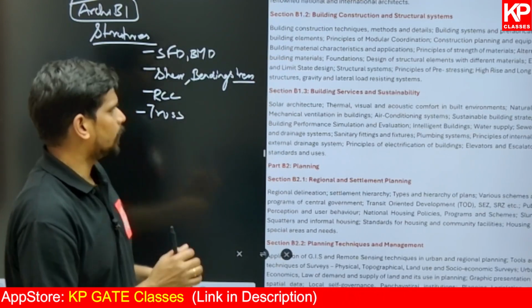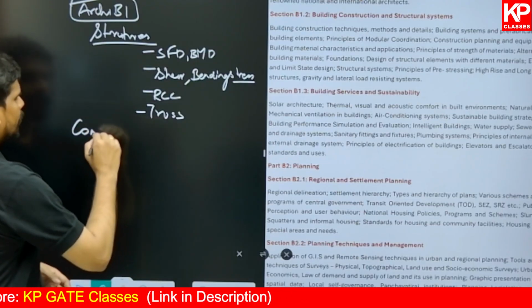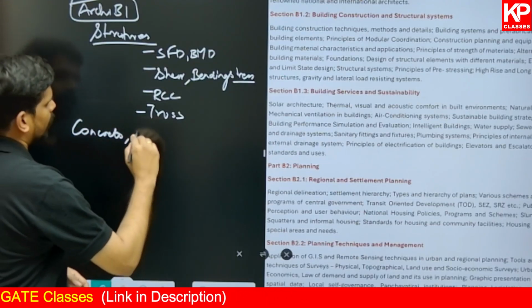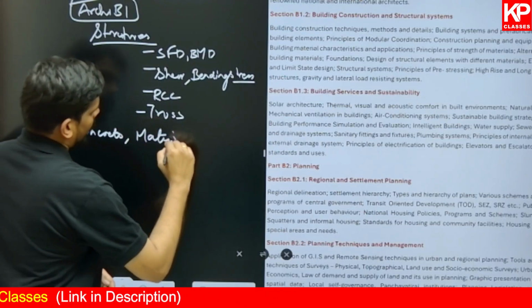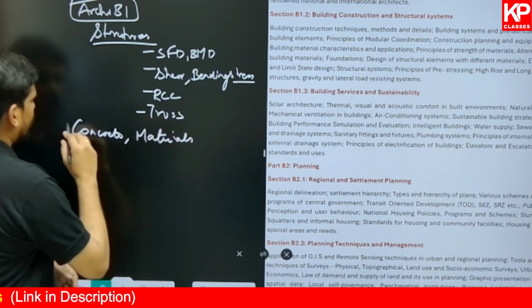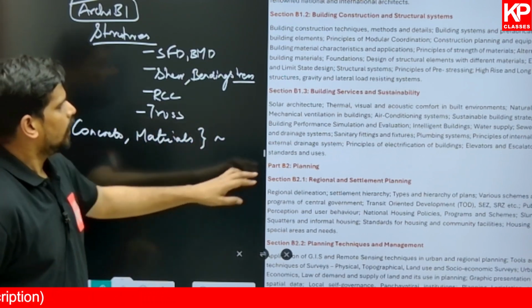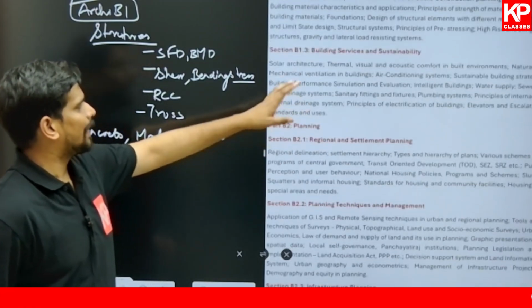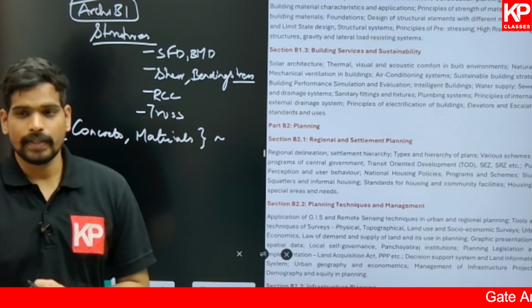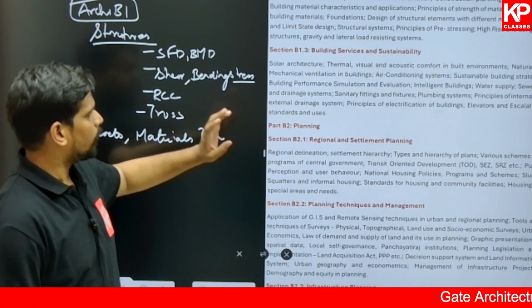There are numericals in the building materials, particularly the concrete part, or other building materials too. Not frequently asked, but sometimes numericals have been asked from this portion as well. Then you have the third section, building services and sustainability, important from a numerical point of view.